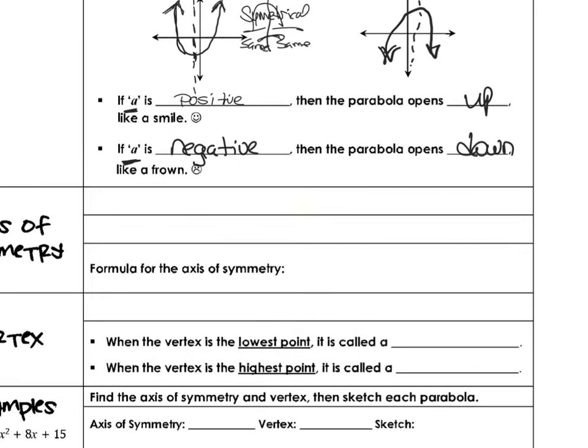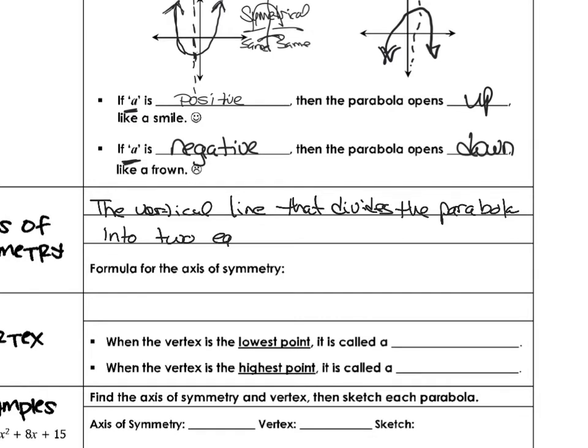All right, axis of symmetry is the vertical line that divides the parabola into two equal parts.